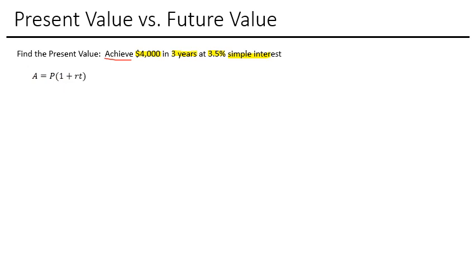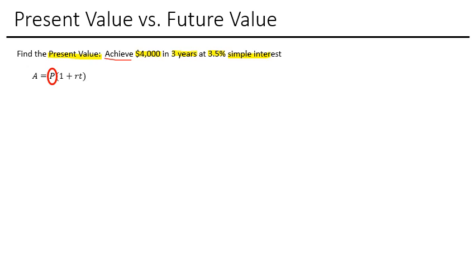Let's look at how we're going to use this formula. Notice I kept this as the simplest type because I am using simple interest. Here I am looking for this P, the present value. I probably should have highlighted that to begin with.